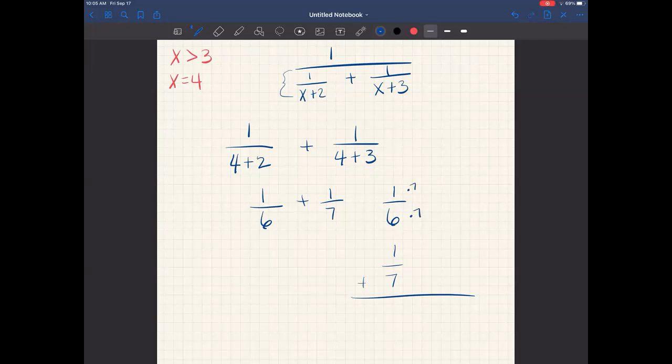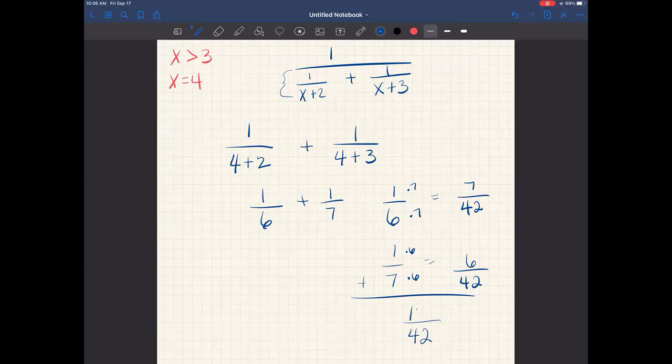And remember, what you do to the top, you do to the bottom. 6 times 7 is 42, and we have a 7, and we have a 6. So now, 7 plus 6 is 13.